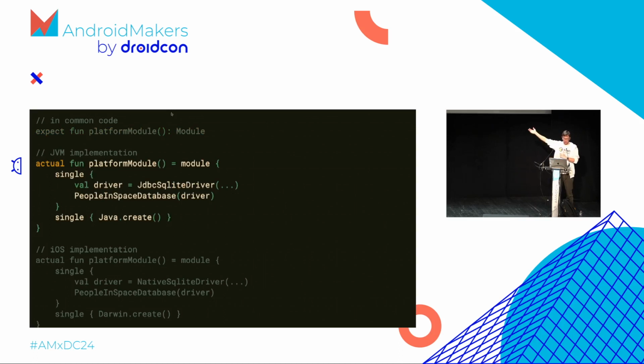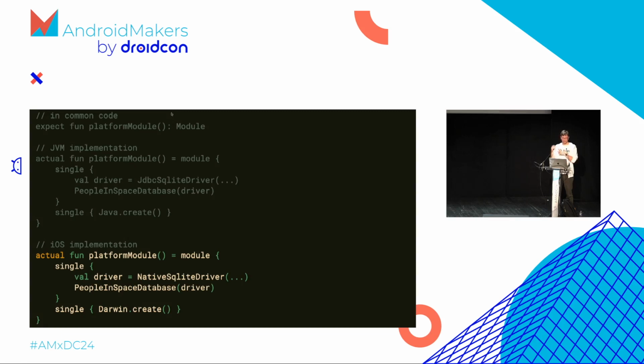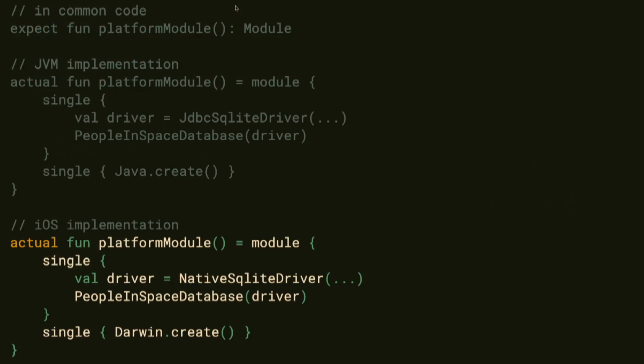We have an implementation for the Java driver for Android and JVM. And on the iOS side, you have an actual implementation of the platform module with the right native SQL driver, etc. This is taken from John's People in Space project, which highlights everything on the KMP side. So you have both implementations to provide.